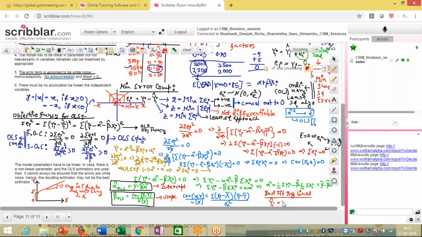So in the place of alpha hat, what shall I do? I shall put y bar minus beta hat OLS x bar, plus beta hat OLS x.